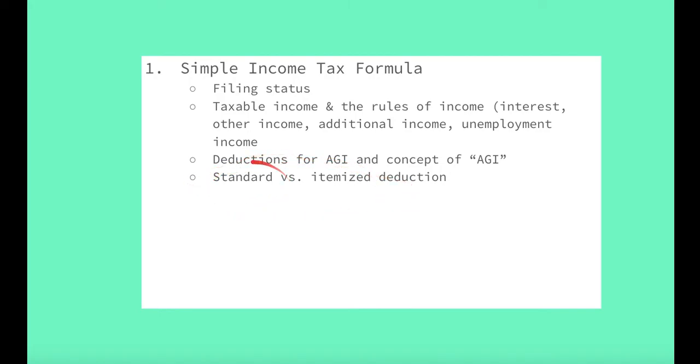Most people take the standard deduction, but some people can take the itemized deduction. Then you're down to taxable income. So you get to AGI: income minus deductions for AGI equals AGI. AGI minus standard or itemized deduction equals taxable income.